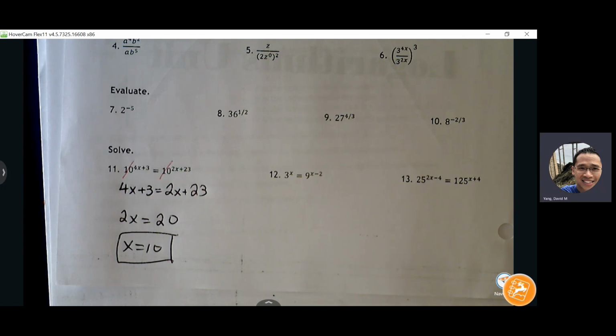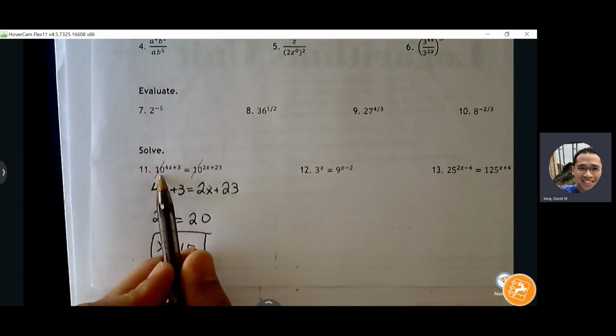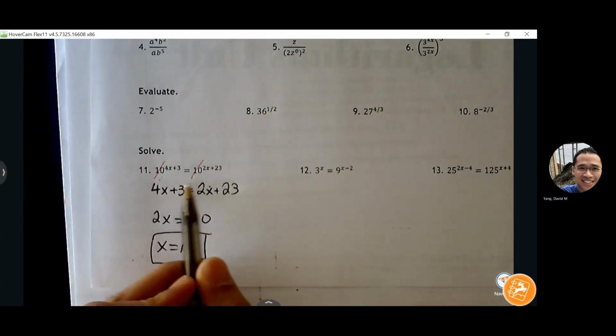I think it does feel like it should work, because if I divided both sides by that 10, it should be equal to 1.